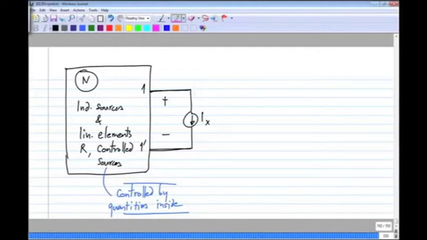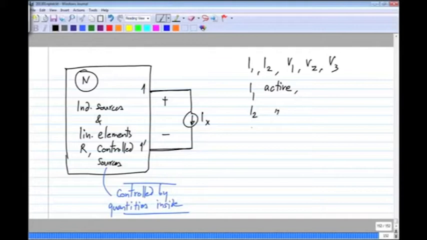So if I have, let's say, inside the circuit 5 independent sources, 2 current sources and 3 voltage sources, I can do superposition with I1 alone active and all others 0, then I2 and V1, V2, V3, and then add up the results.